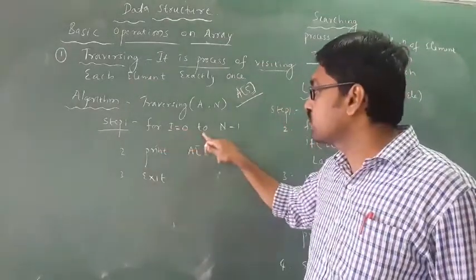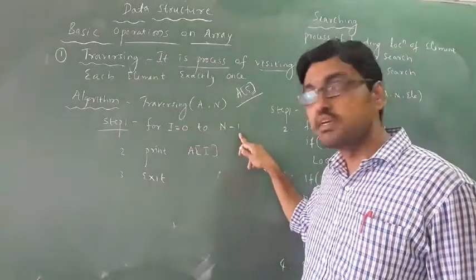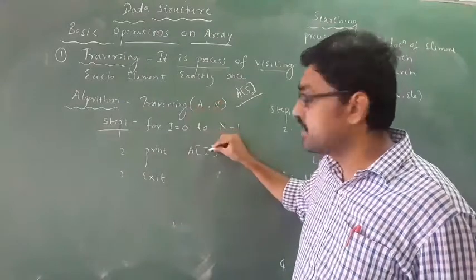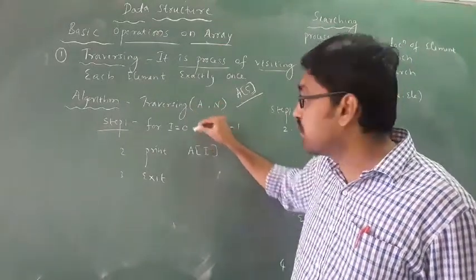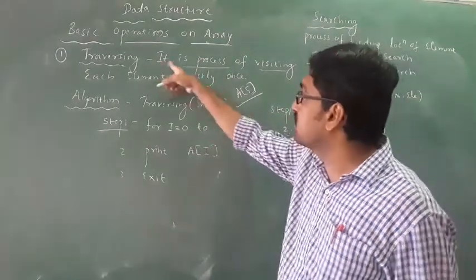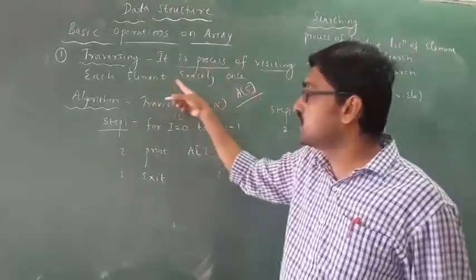For I go from 0 to n minus 1, print a of I. See, first 0 will come here, 0 will travel from one point to another point. That's why traversing means it is a process of visiting each element.